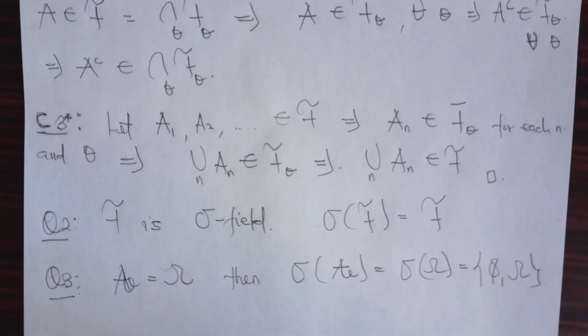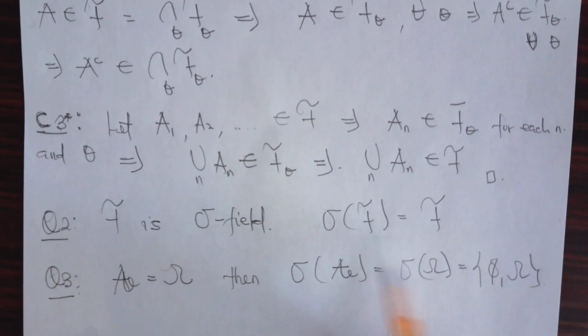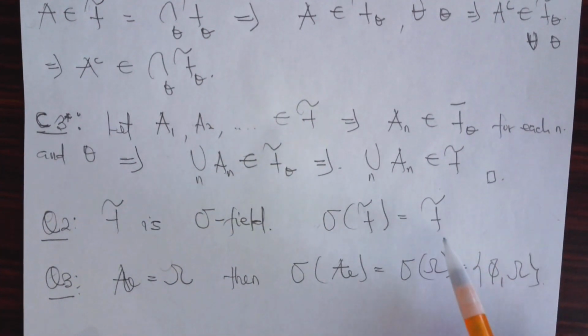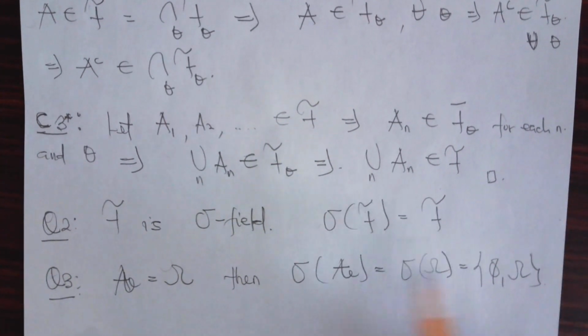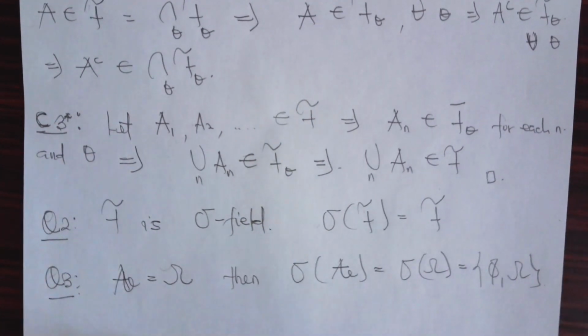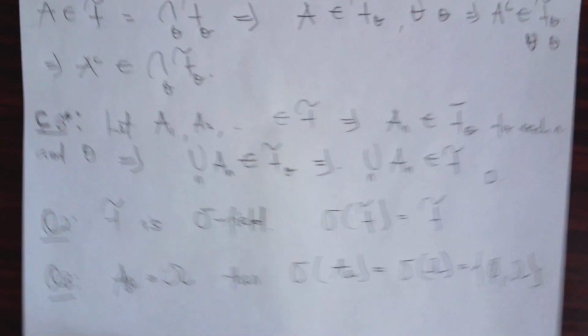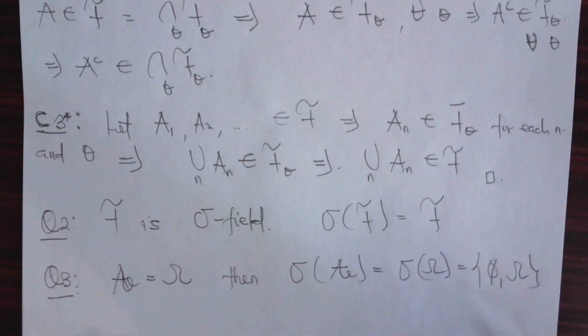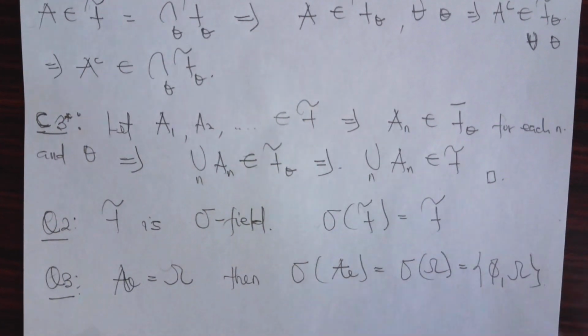This implies that the sigma field generated by F is the same as F, because F is a sigma field. So F will be in that class, and it satisfies all the conditions for a sigma field generated by a class. So the sigma field generated by F is the same as F.